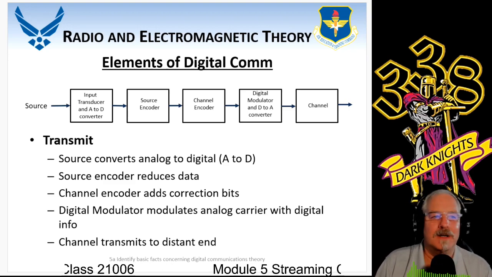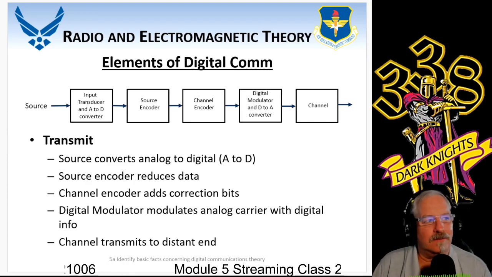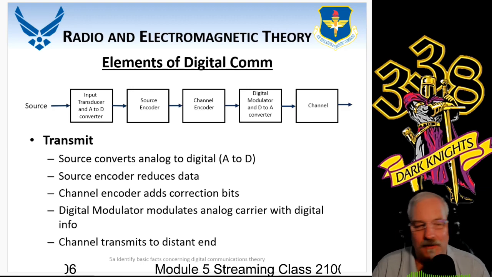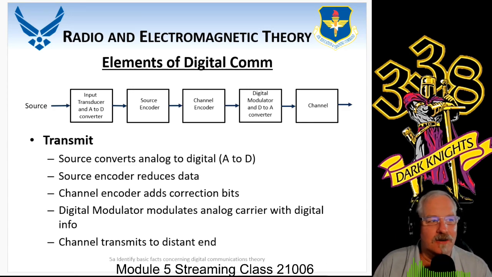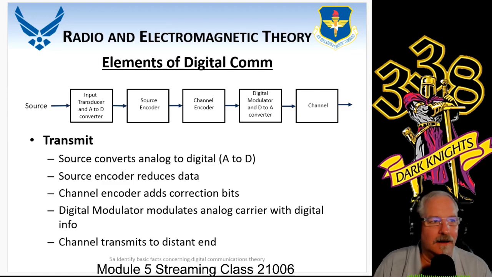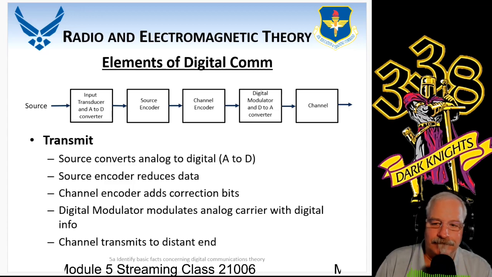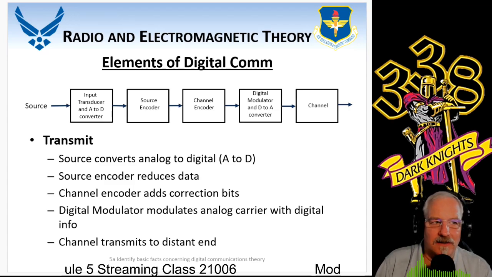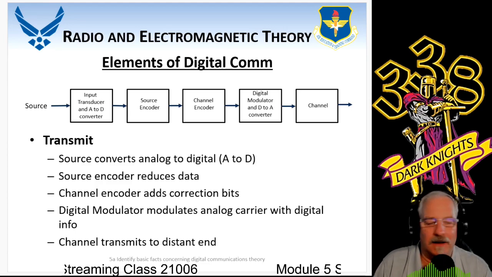But when it all comes down to it, when you combine your signal formats from your source, let's just say that you are dealing with computers, you're converting that digital into digital, so to speak. The source encoder is sitting there going, let's see if we can't scale this back a little bit. And then you're going to add what's called correction bits.